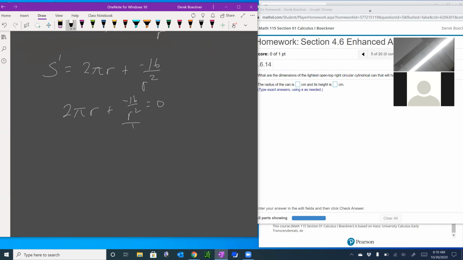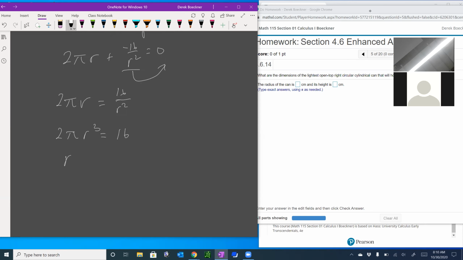So I will move this over to that side. Divide by 2 pi, and then r is the cube root of 8 over pi.